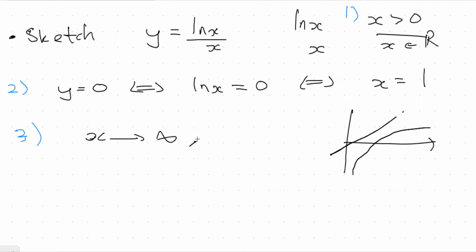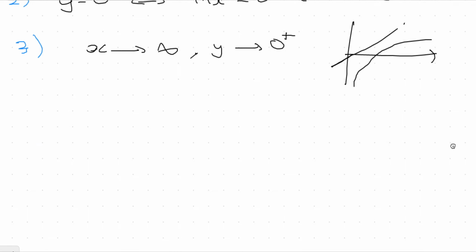So as x approaches infinity, y tends to 0, and where does it tend to 0? Top or bottom? Well, everything here is going to be positive, so it tends to 0 from the top. These types of considerations are very useful for when you actually try and connect your graph up. Again, this is a very simple case, but it's important to think about that in general.